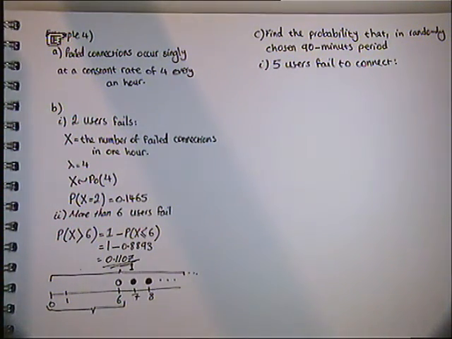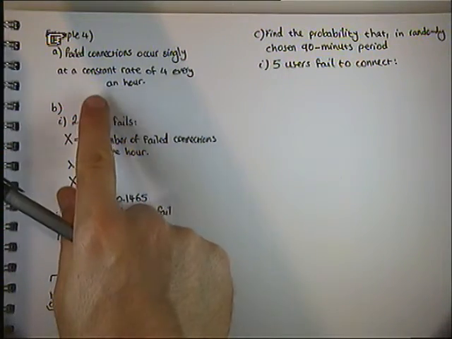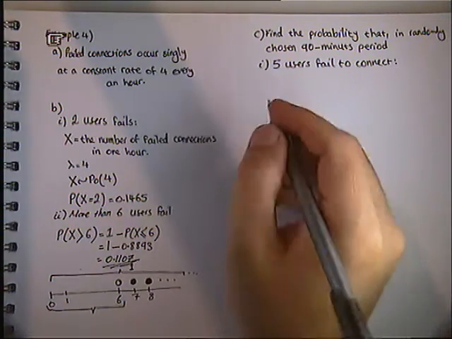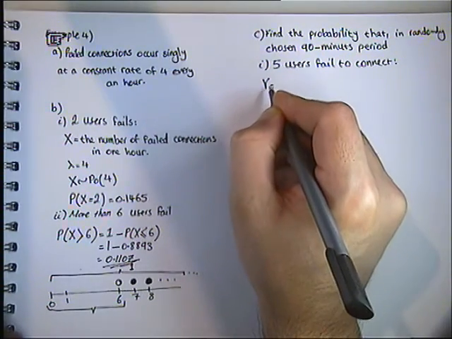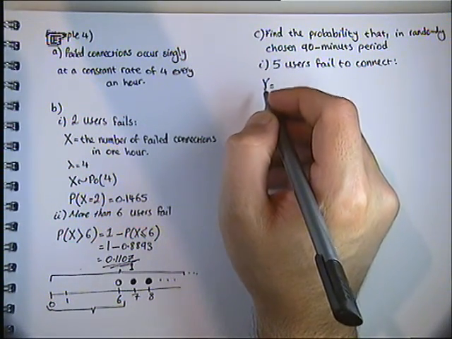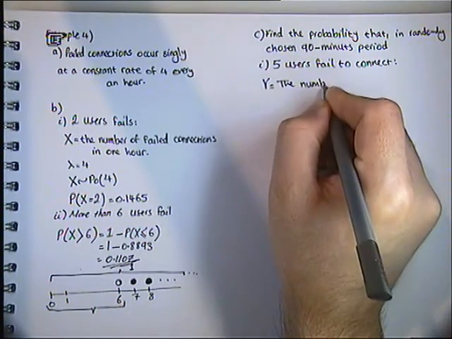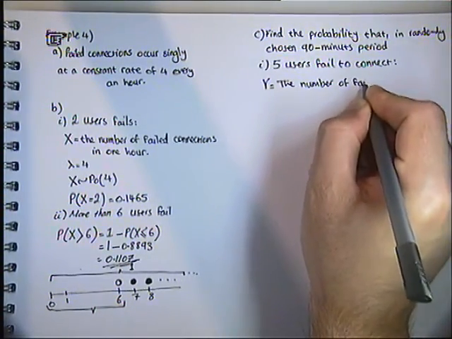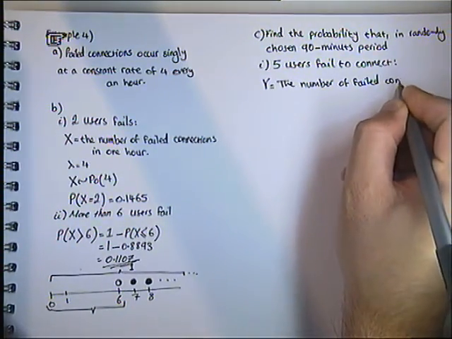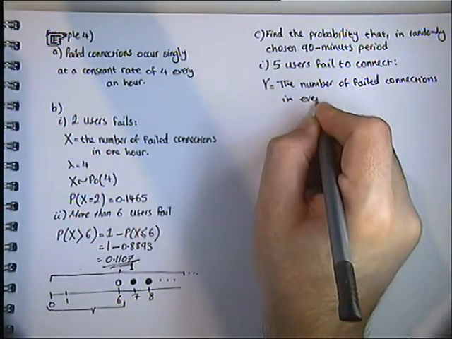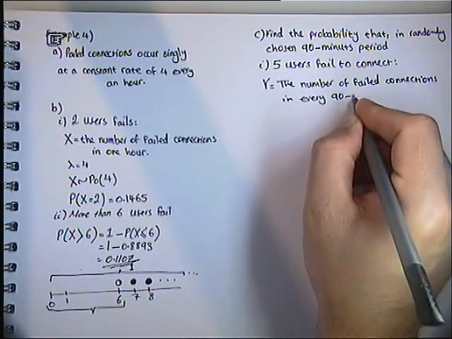Okay, to do this, first of all, the period of time has been changed from 60 minutes to 90 minutes. And we know the rate of fail, which used to be 4, was for an hour. So we have to define a new variable, such as y. Let y represent the number of failed connections in every 90 minutes on average.